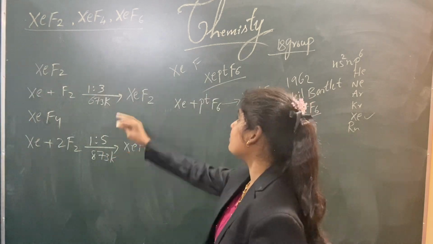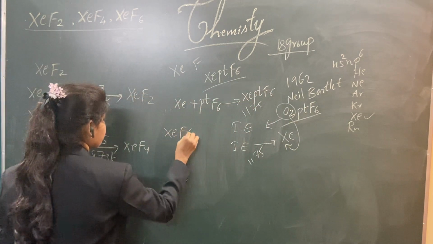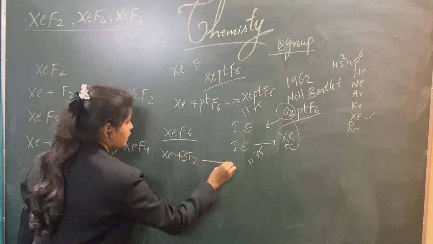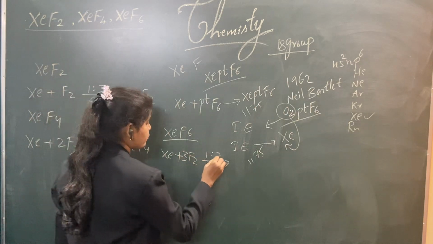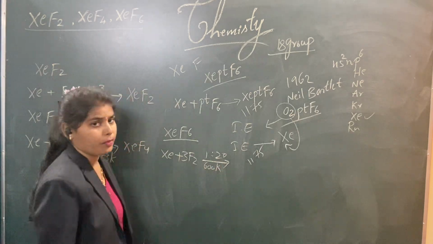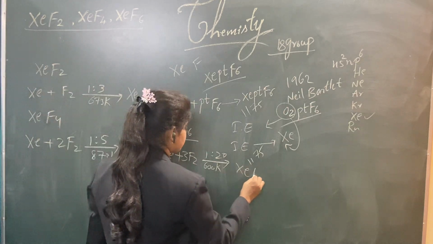Similarly, xenon hexafluoride is prepared by heating xenon with fluorine in a 1:20 ratio at 600 Kelvin, and we get the compound known as XeF6.